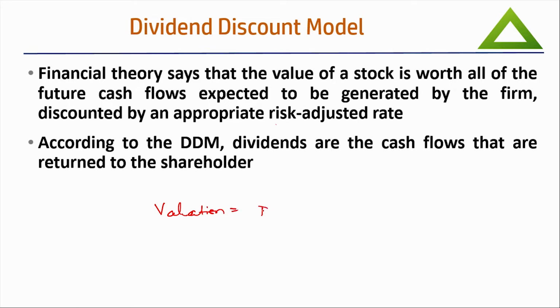Valuation is nothing but finding out the present value of future expected income, or future benefits. So in this model, what is that future benefit you get if you invest in a share? That is the dividend. According to DDM, dividends are the cash flow that is returned to the shareholder.